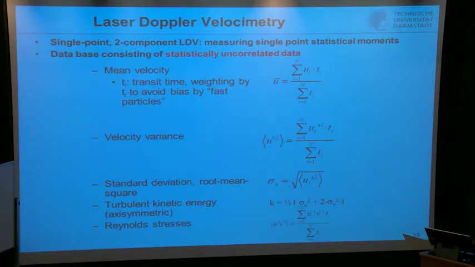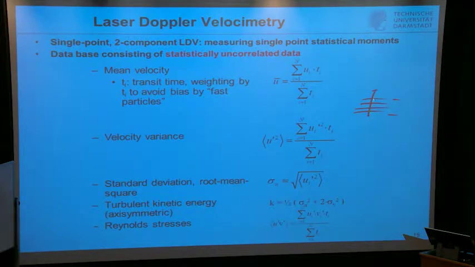That is why you do a so-called transit time weighting, where you multiply the instantaneous velocity with the transit time. And the transit time is the time a particle needs to cross your interference pattern, to travel through this distance.